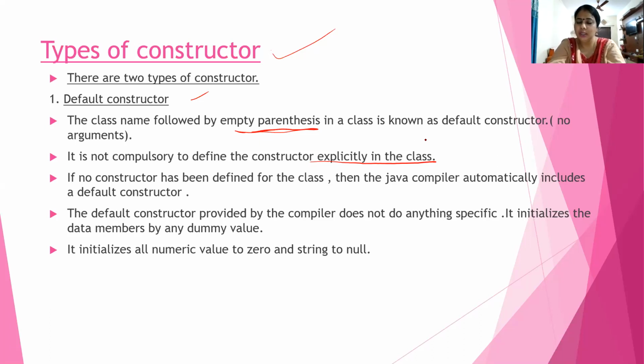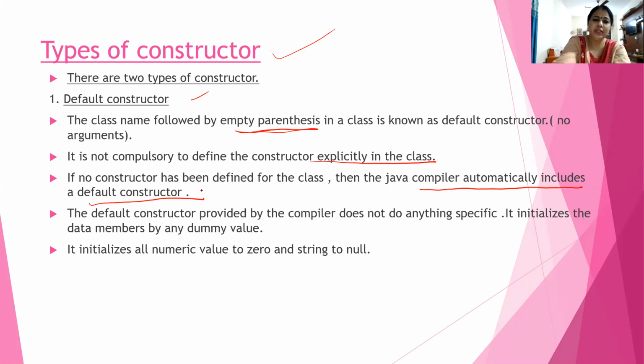Because you have to create the object and initialize the variables, if you do not mention the constructor, the compiler automatically includes a default constructor in your program. So if you forget to write a constructor, your program will still run and the compiler automatically attaches a constructor, called the default constructor, to your program.